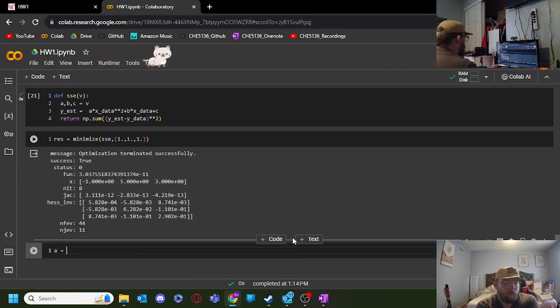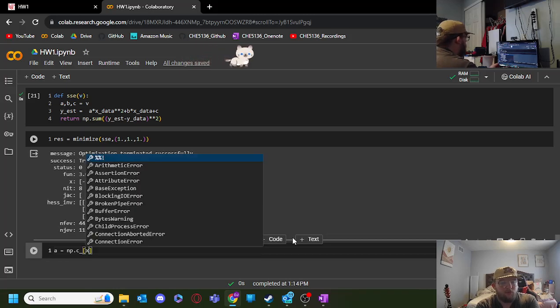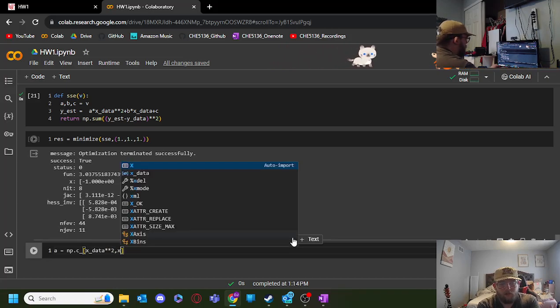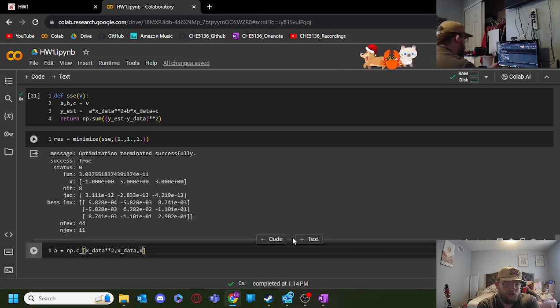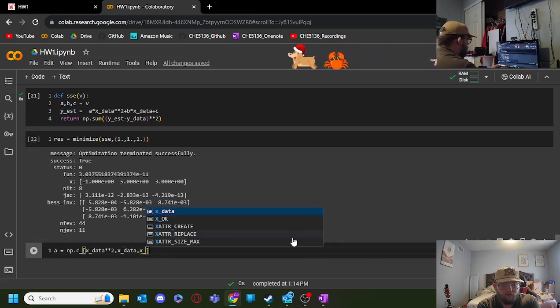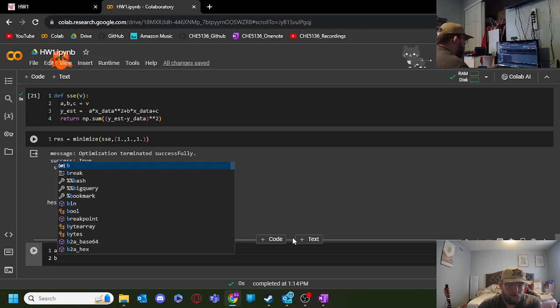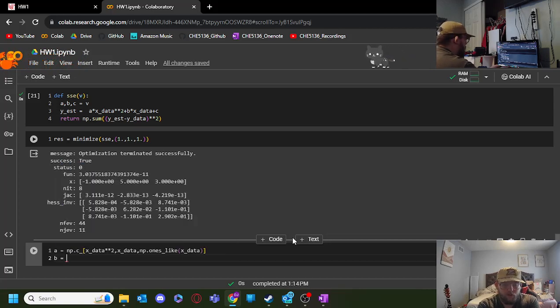And here, the A vector is going to be np.c_ through x data squared, x data, and then np.ones like x data. Our b vector here is going to just be our y data.